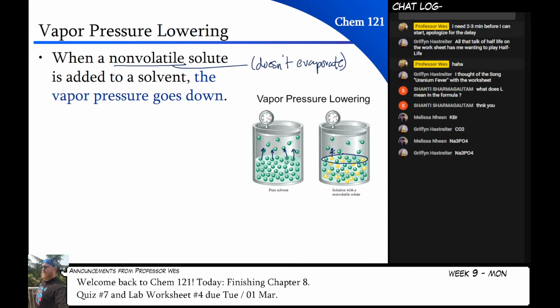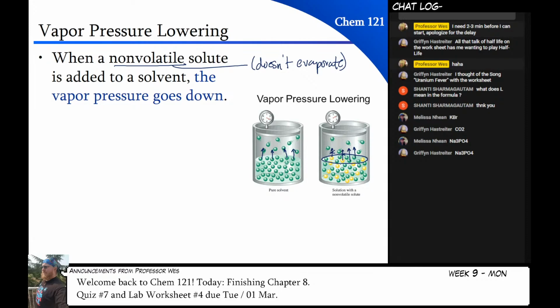But if a solute is there, those positions are blocked. Since the solute does not evaporate, and water cannot share that space with the solute, the water cannot evaporate as easily. Part of the surface is blocked away. And so the amount of evaporation that occurs is reduced.